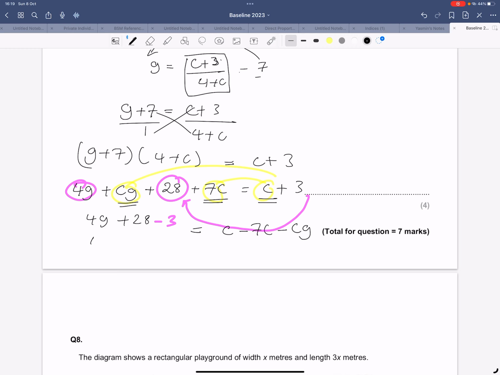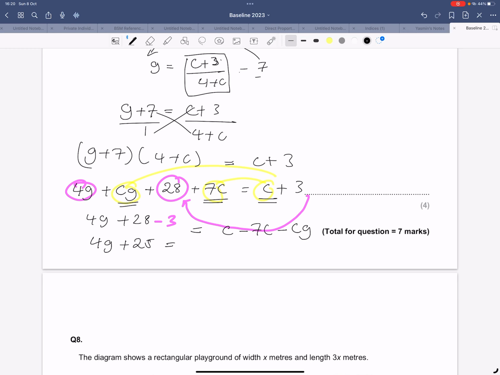This will give us 4G plus 25 equals. So let's simplify: C take away 7C, okay, that's going to be 6C. And we have CG on both sides, so we can easily start to reduce it. So we will have the following.